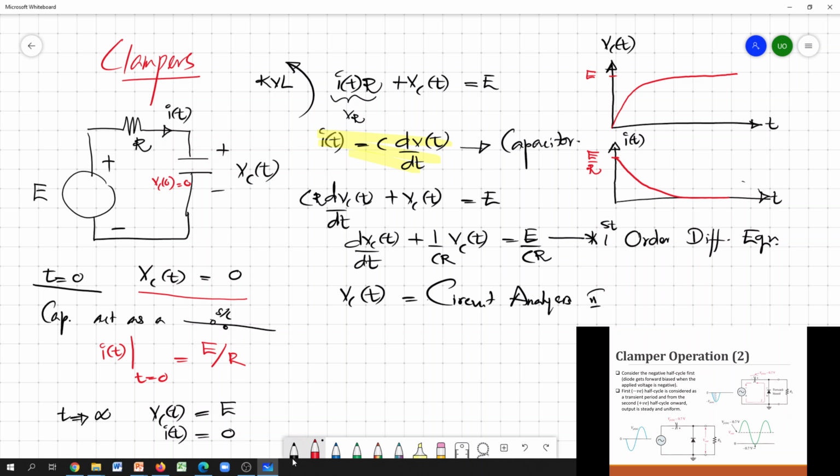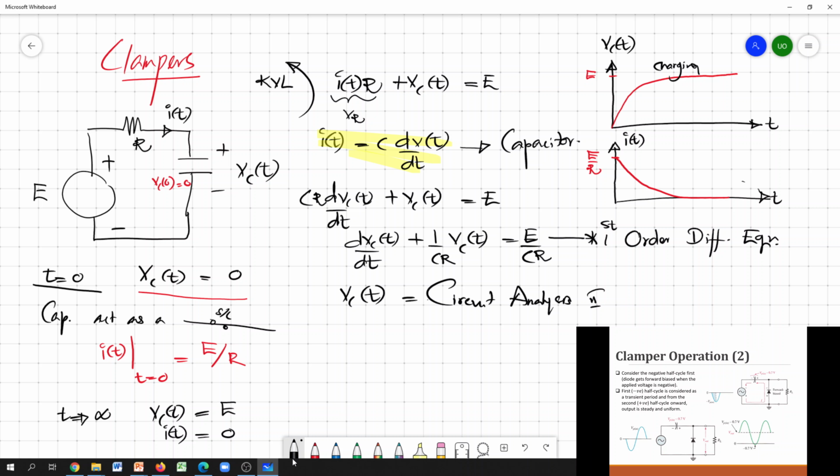So this is the variation of the voltage across the capacitor, and at the same time this is the current flowing through the capacitor. This is called the charging effect of the capacitor. Once you connect a DC source, the voltage across the capacitor gradually increases up to its maximum.